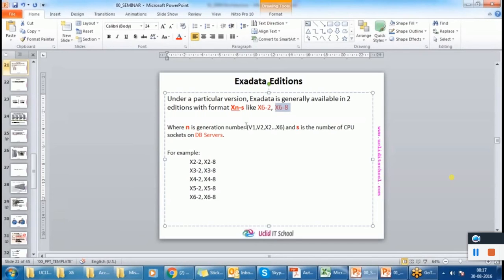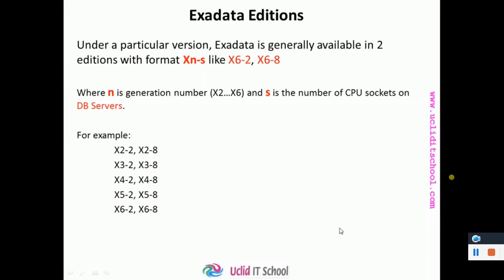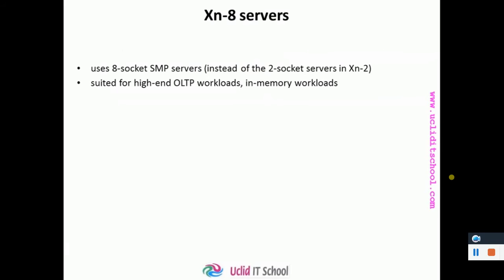So what is the difference between these two servers, X6-2 and X6-8? The X6-2 database server will have two CPU sockets, whereas the X6-8 server will have 8 sockets. This slide shows you that.